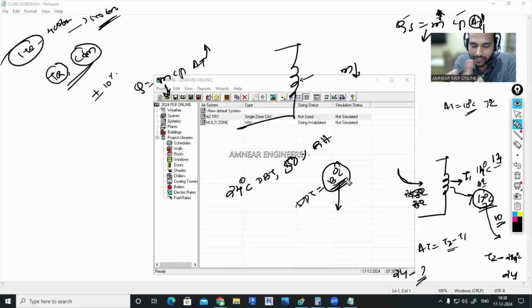Since the temperature of the air leaving the cooling coil is much less than the dew point temperature of the room condition, excess condensation will happen there. Excess humidity removal will happen there. So the relative humidity in that room condition might be less than our requirement. Excess condensation can come. So these are the problems that are going to happen.